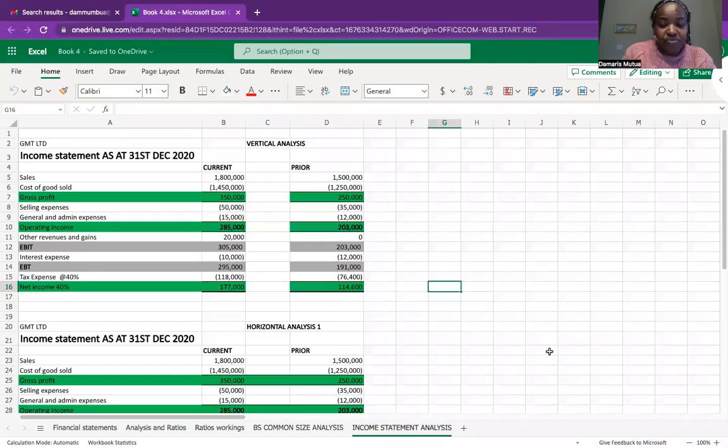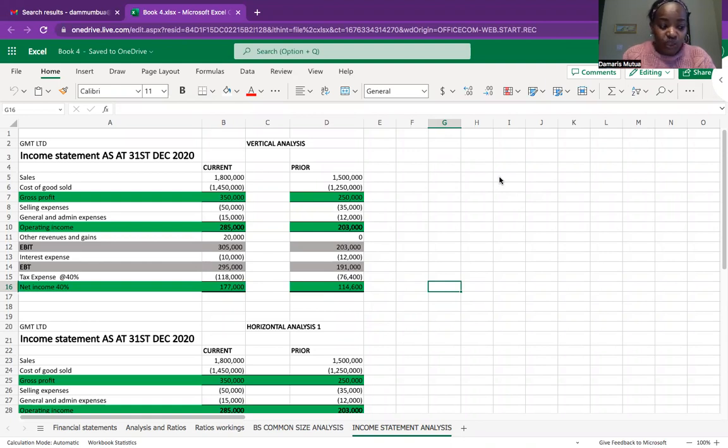So the first form of analysis that I'm going to be looking at is the vertical analysis. And when I talk about vertical analysis of the income statement, I'm using the sales as my base. I want to know, as a percentage of sales, how are we performing on different line items within the income statements?